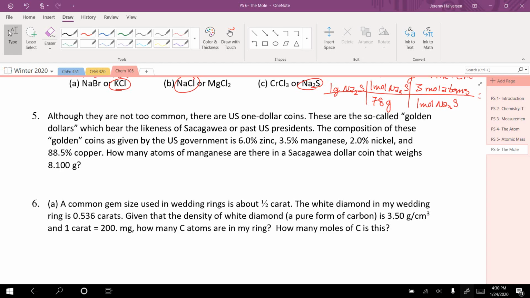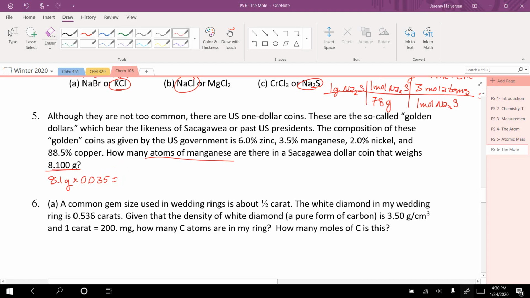So what's our starting unit here, or starting value? Well, we know our coin is 8.1 grams. That's how much coin we actually have. At the end of the day, we want atoms of magnesium. So this first step is going to be figuring out how much magnesium there is in this coin. And we know there's 8.1 grams total, and it is 3.5% magnesium.